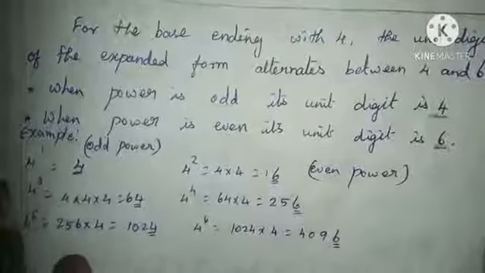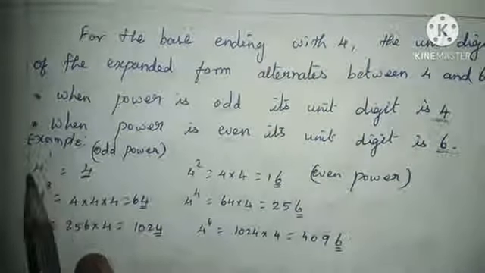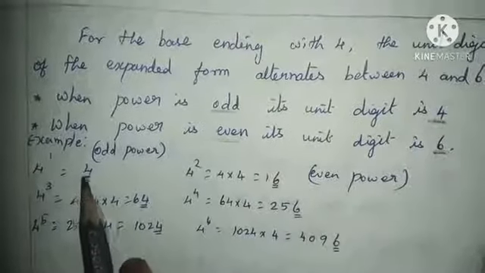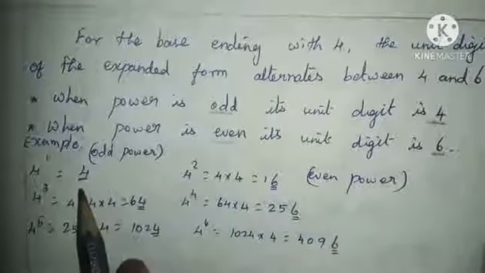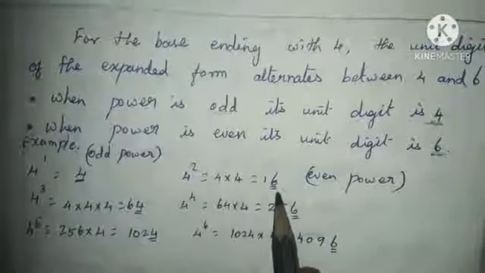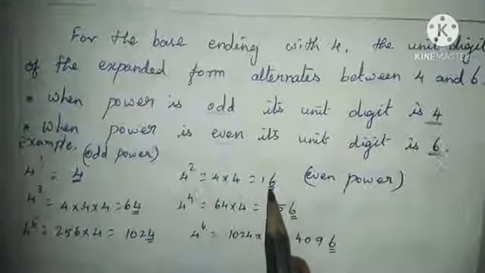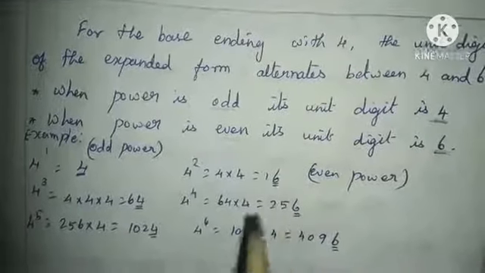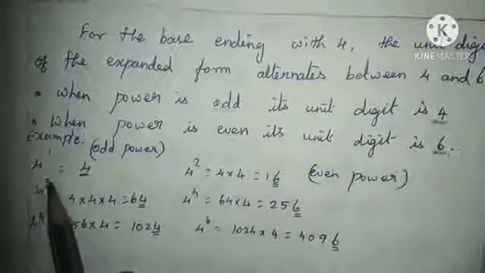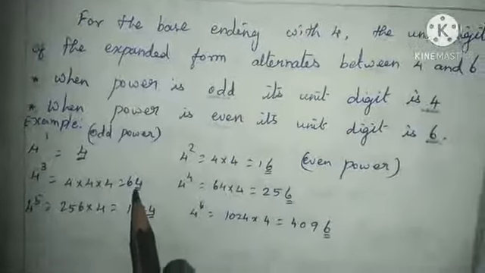For example, 4 power 1. Here the power is odd. 1 is an odd number. We get the answer as 4. This is the unit digit. For 4 square, we can write 4 into 4, that is equal to 16. Here the exponent is even, so we get the unit digit as 6. Same way for 4 cube, again it is odd, and in the product we get the unit digit as 4.